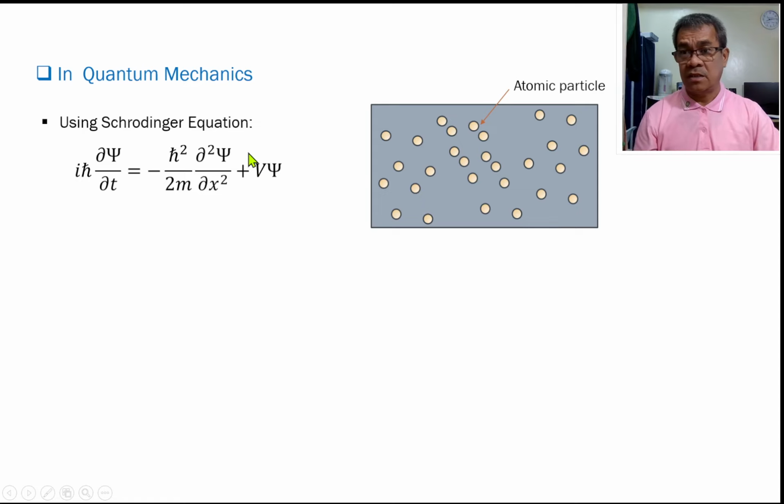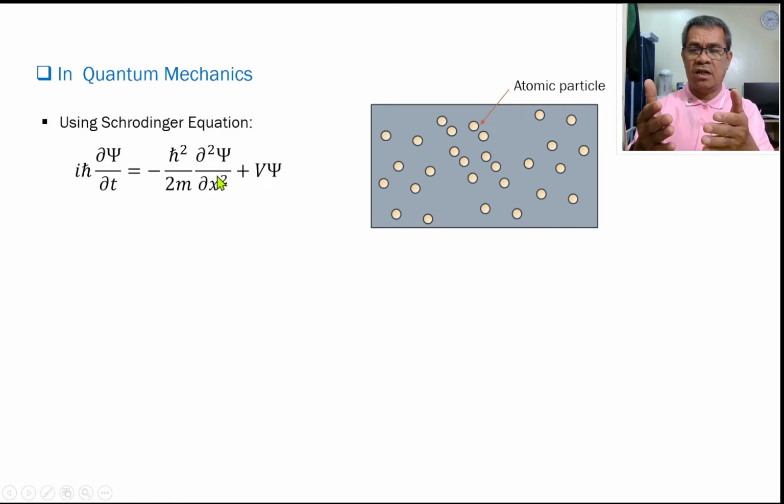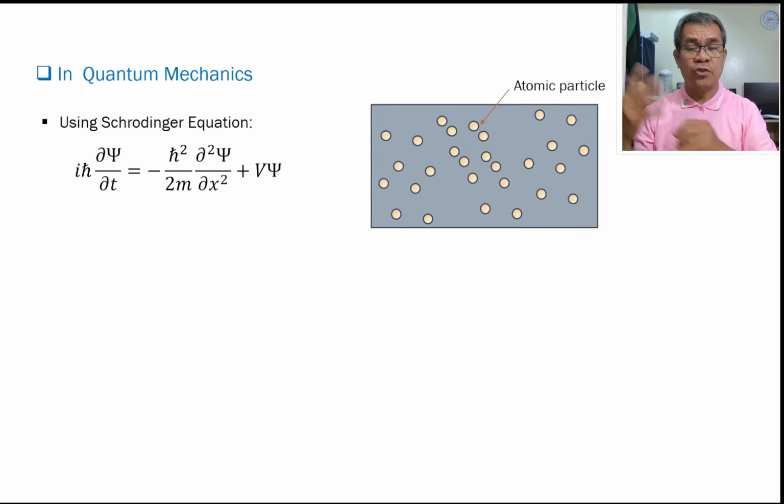This is the Schrodinger equation, which is the analogy to Newton's law. If we cannot use Newton's law because this is a microscopic particle, then we can use the Schrodinger equation.